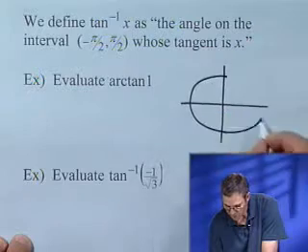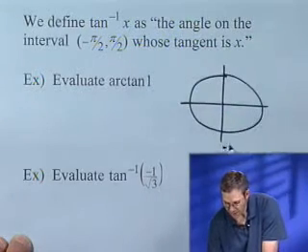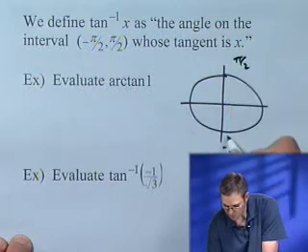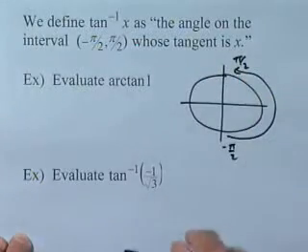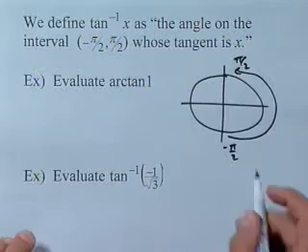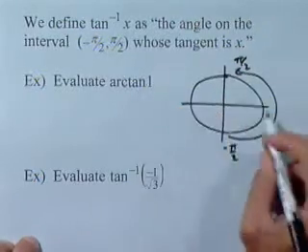I'm going to draw a circle. I'm going to look for an angle in between minus pi halves and pi halves, some angle on this interval, such that the tangent is 1. Well, we must be talking about an angle in this interval since we have a positive value here.